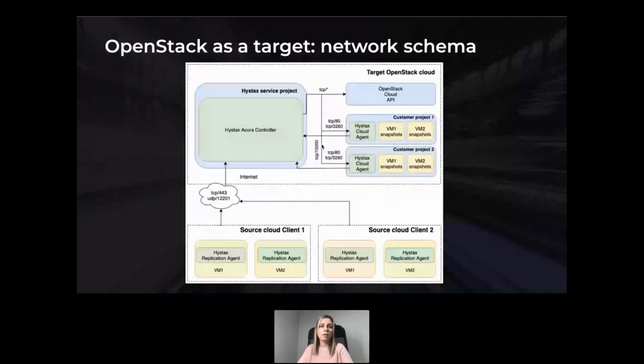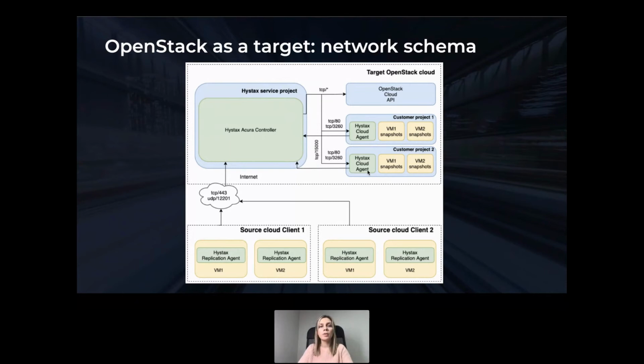And one more port that is used by Hystax Cloud Agent is TCP 15,000, and this port is used by Cloud Agent for the update process. Once the controller itself is updated, all of the containers, all of the images, everything is updated.